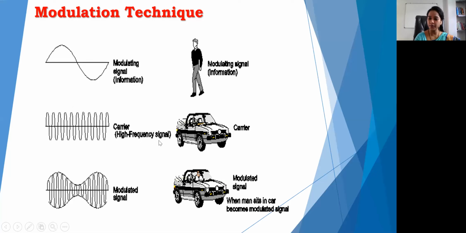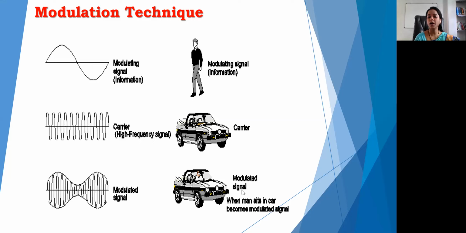अब ये carrier frequency का range क्या रहेगा? It will be in the range of either radio waves or microwaves. Okay, radio waves when you use earth communication, and microwaves when we use satellite communication. Here as an example we have given the carrier as a vehicle, and if this carrier is given to this person, what will he become?